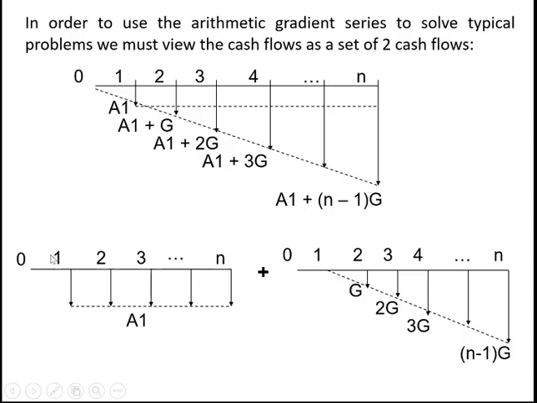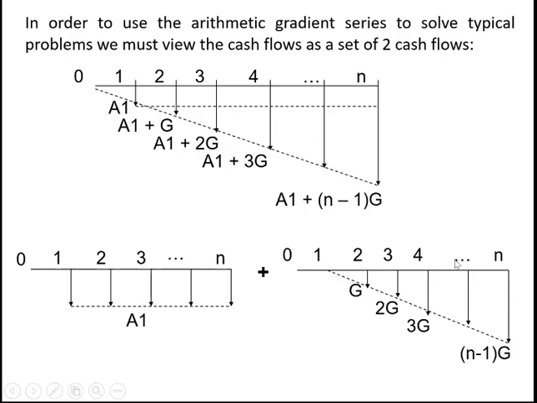The annual worth of this part is A1, the equal payment series, so we do not have to calculate anything. So we have to study the way to calculate the annual worth of an arithmetic gradient.